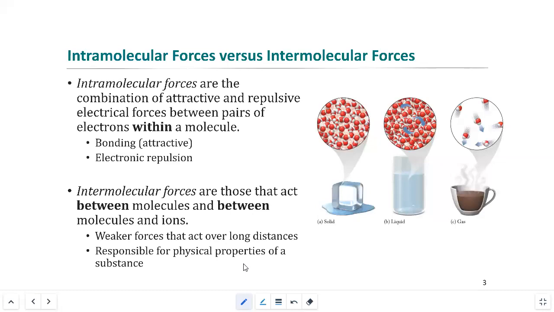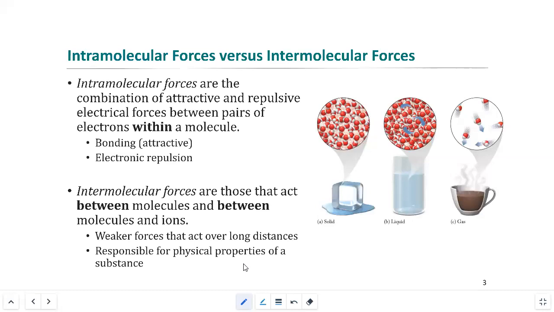Now, one thing about intermolecular forces, the forces that exist between molecules are not as strong as the forces within the molecules themselves. It is going to take far less energy to break an intermolecular force as compared to an intramolecular force. The amount of energy necessary to break a bond is far greater than the energy to separate two molecules from each other.